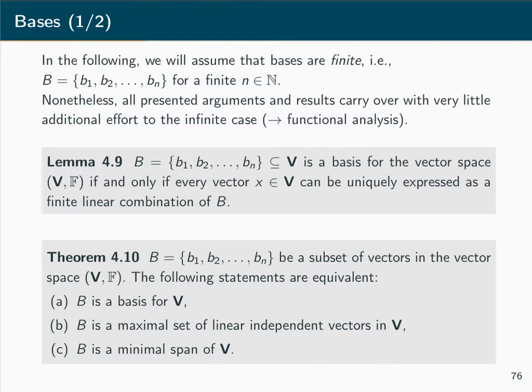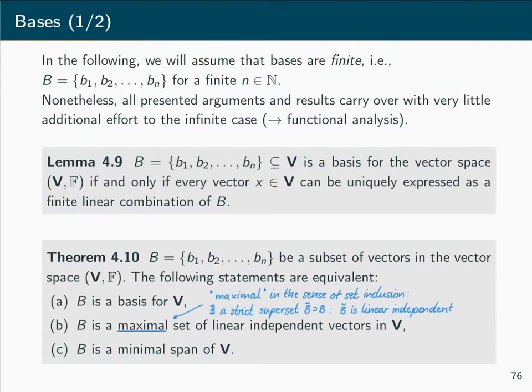Before we proceed to the proof, let's first make sure that we properly understand the statement of the theorem. We understand very well what it means for B to be a basis of the vector space V, but one may ask what it means for B to be a maximal set of linearly independent vectors in V. Maximal in the context of sets refers to set inclusion.